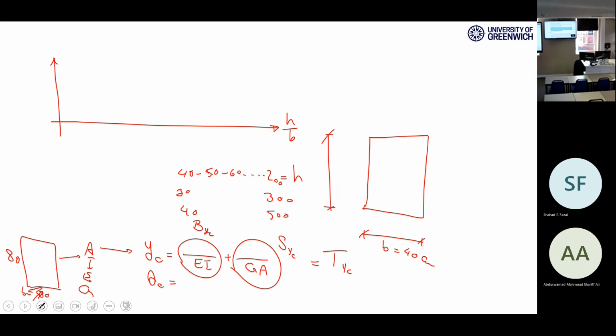We have a total deformation for YC, which consists of two parts, bending and shear, right?